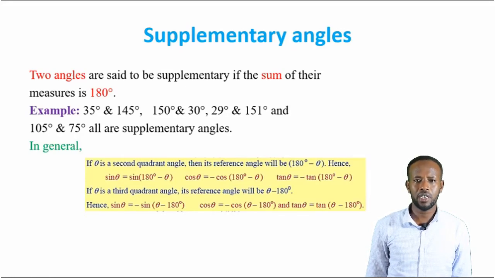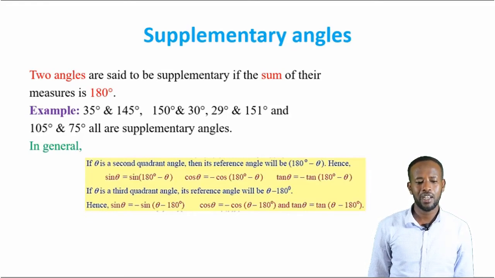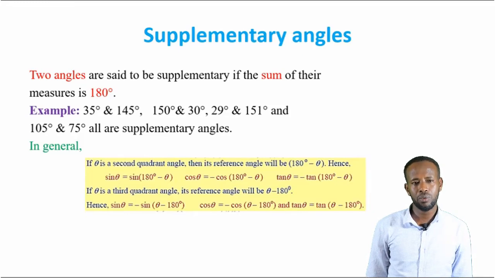What about if it is the third quadrant? How do we find the reference angle? And what signs will we give for sine and cos? I hope that you know exactly. But as a very important point, if theta is a third quadrant angle, its reference angle will be theta minus 180 degrees. Hence, sine theta will be equal to what?